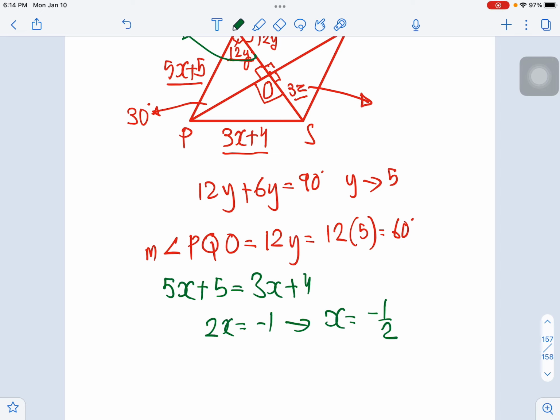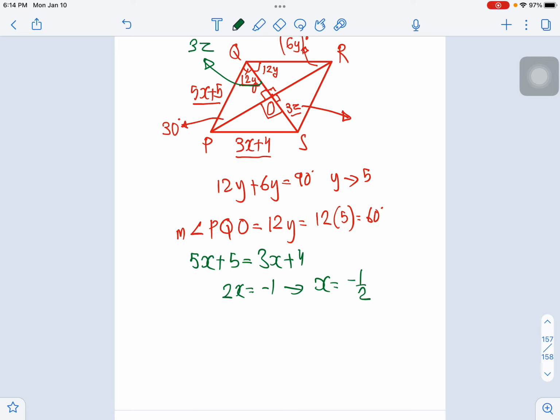And if that is the case, length of PQ becomes 5 times negative half plus 5, which is 2.5.